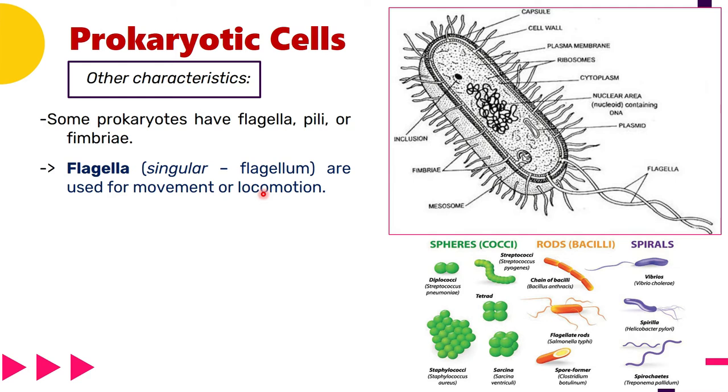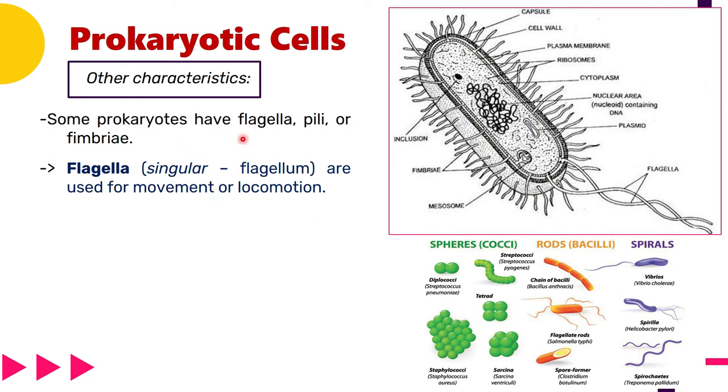So not all bacteria can move on their own. If the prokaryote bacteria have flagella, they can move on their own. But if they have no flagella, for example, these following bacteria species, they cannot move on their own. So if these bacteria will move from one place to another, they need a medium. For example, they are carried by air or by water, okay?